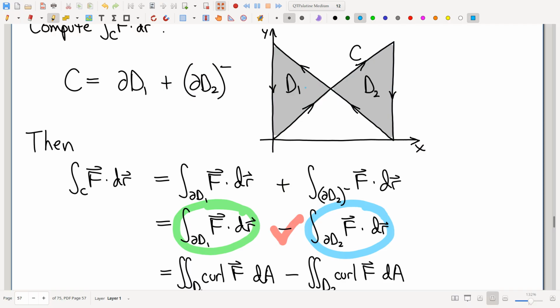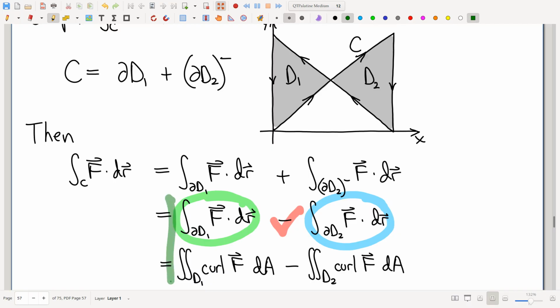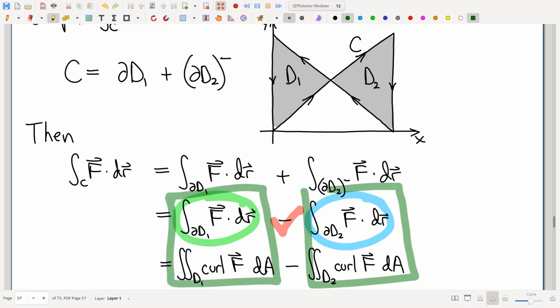Okay. Great, we have a couple of boundaries. Anytime you're looking at a boundary line integral, you can invoke Green's theorem. We've got 2 different regions, 2 different boundaries, 2 different instances of Green's theorem. We're going to have to compute the curl, it would seem.